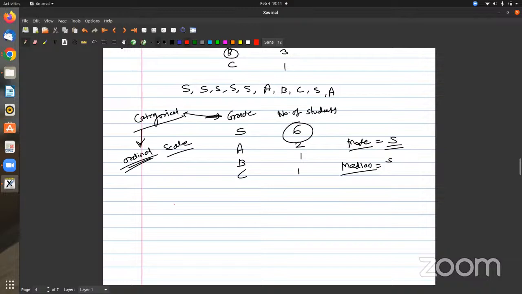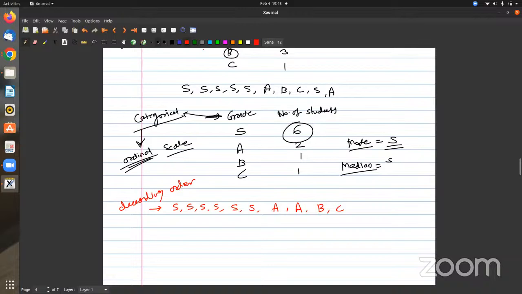So I have to start with S, right? 1, 2, 3, 4, 5, 6 S's. Then A, then B, and then C. This is my descending order, right? Descending means I start from the higher order.